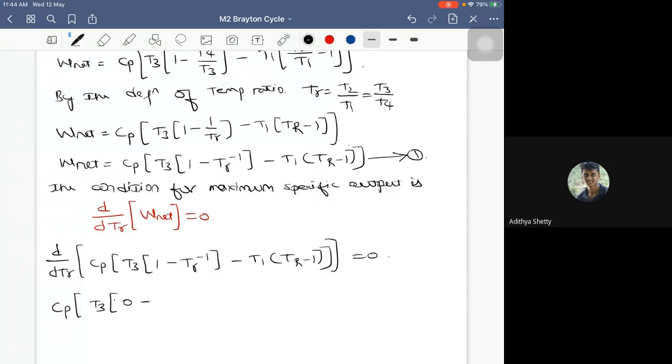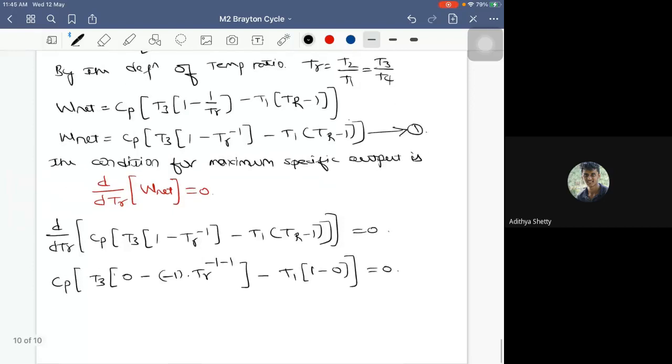So then minus as it is, x to the power of n is n into x to the power of n minus 1, that gives plus 1 into TR to the power of minus 2. Correct? Minus T1 into TR differentiation 1 minus 0. That is equal to 0. Right?